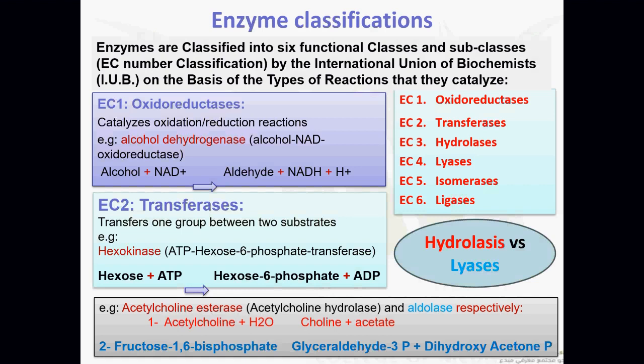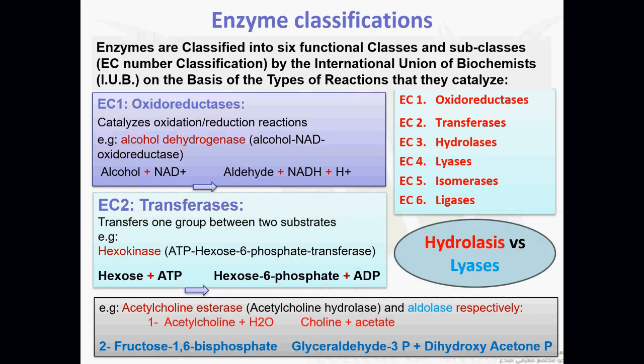If we look at the other example, which is the aldolase, again it will split one complex form into two different substrates, but without adding the water molecule. For example, the fructose 1,6-bisphosphate will be split into glyceraldehyde 3-phosphate and dihydroxyacetone phosphate by the enzyme aldolase.